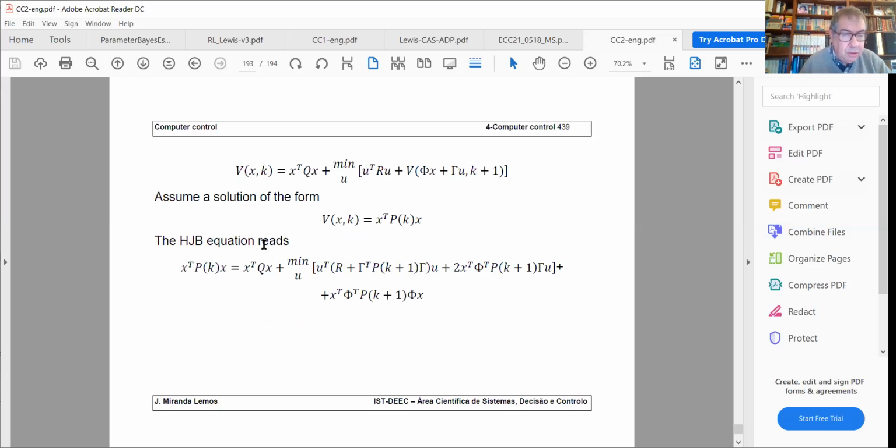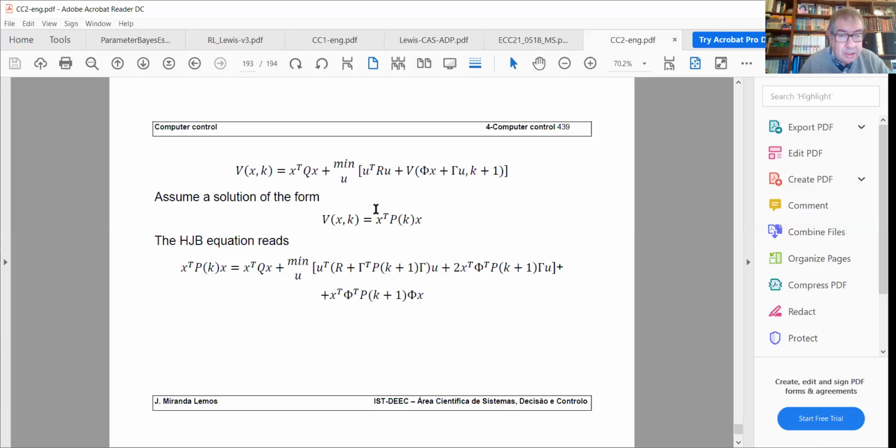What can we do? We assume that v is a quadratic function of x. This has to be proven. We can prove it a posteriori, that is to say.